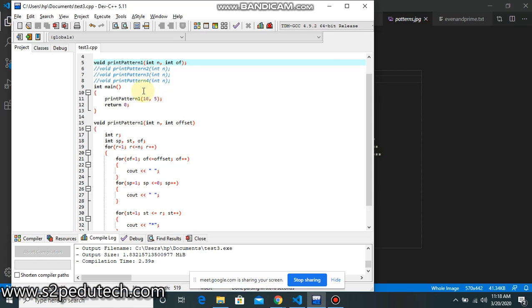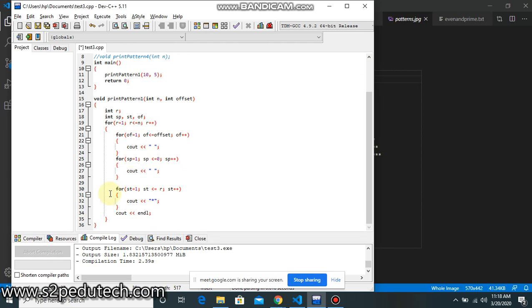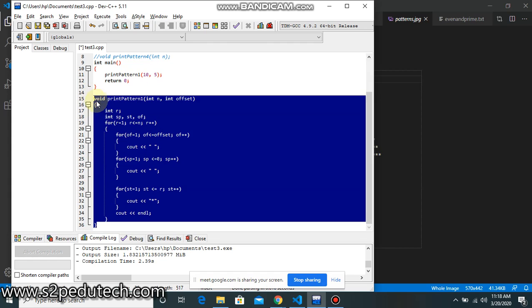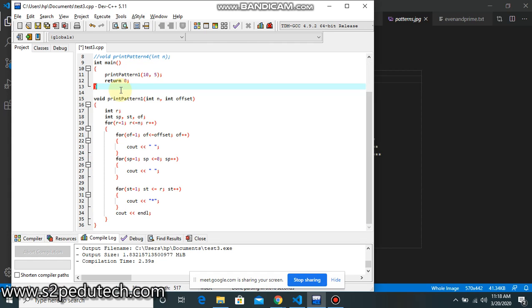So what I would do is, I'll comment this thing, I'll copy this function, and I'll paste it here. I'll say print pattern 2, I'll keep the offset as it is, and I'll only change this thing, and here I would simply say n minus r.